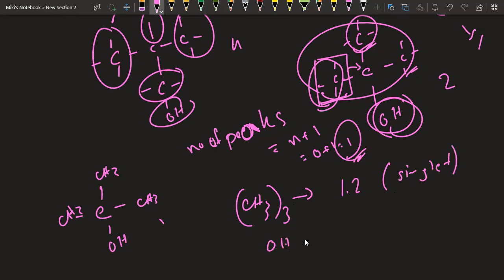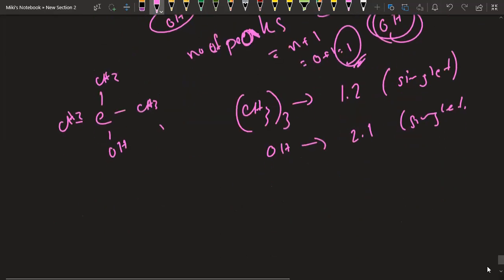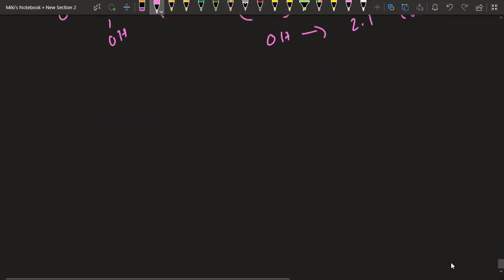And the OH has a peak near, let's say, 2.1. That's also a singlet. Okay. Got it? So that's how we solve these things. So that peak was for the methyl, like 3 methyl groups. And this peak is for the OH group.